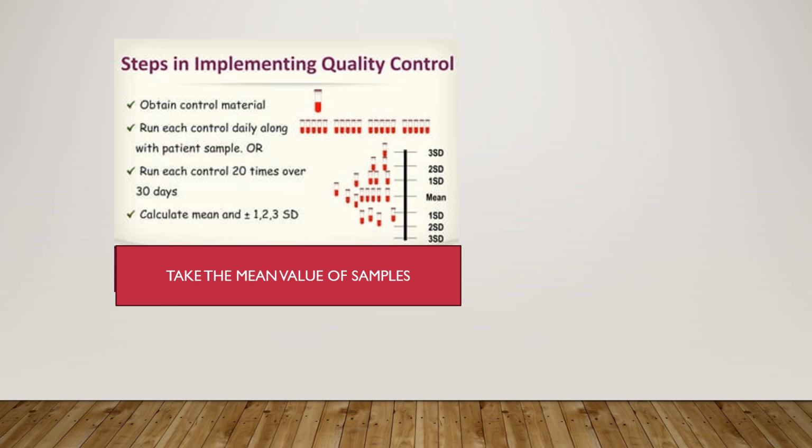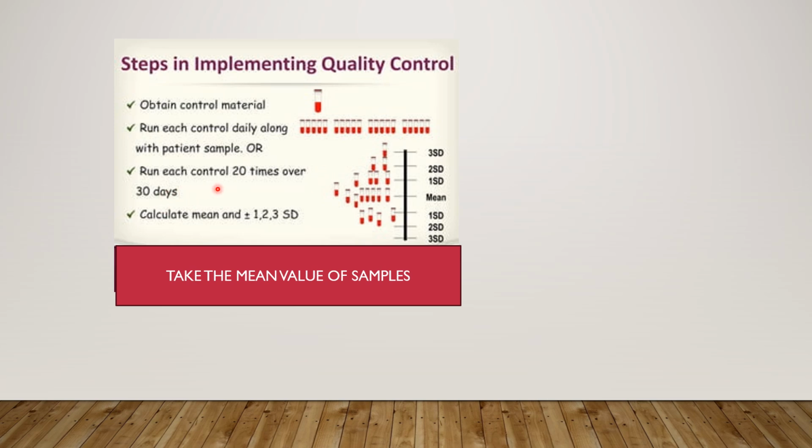So how can we make use of quality control samples in order to implement quality control in the laboratory? First is to obtain the control material, then run each control daily along with the patient sample. That means before the patient sample analysis, we have to run the control sample first.